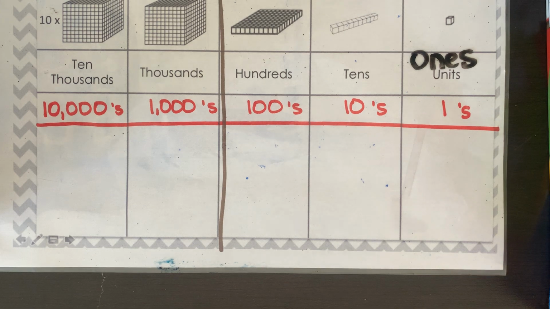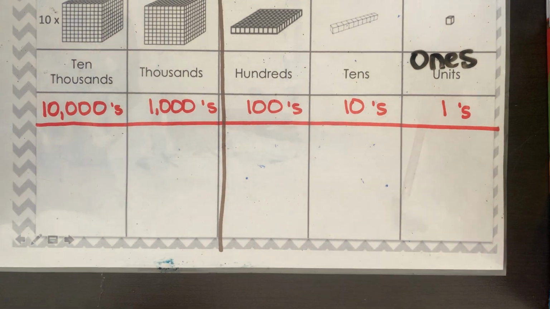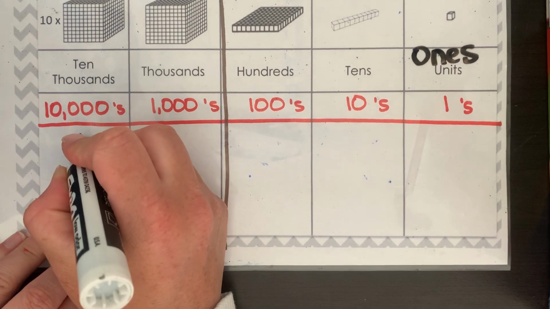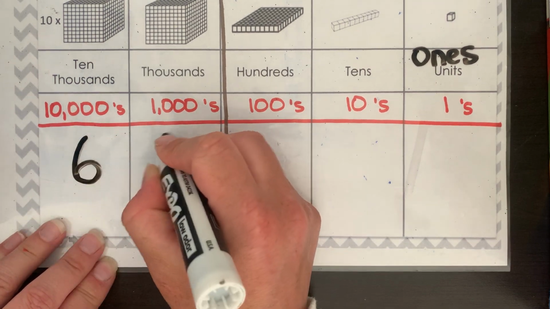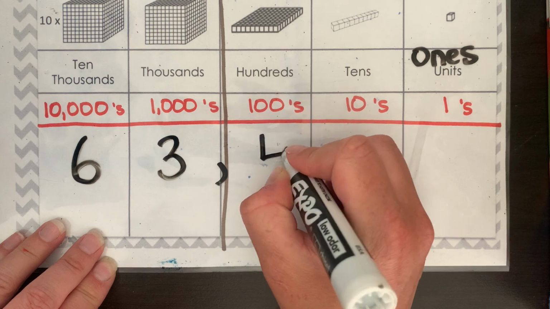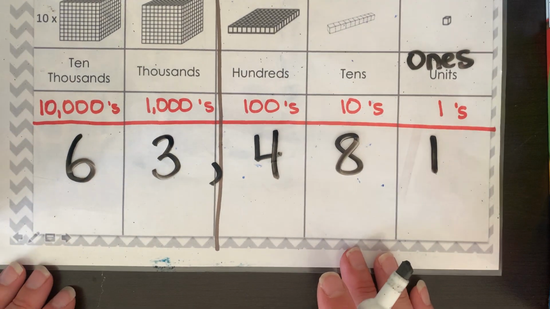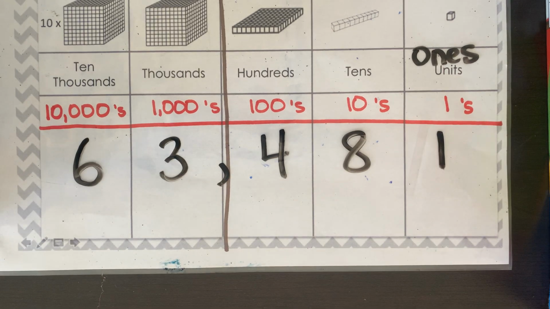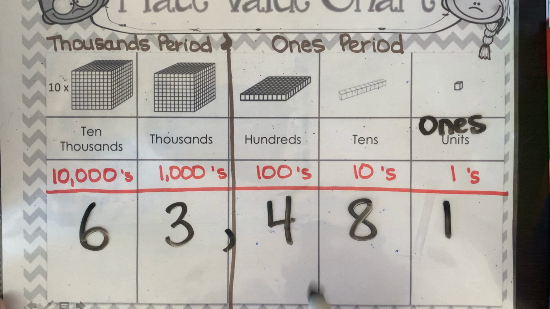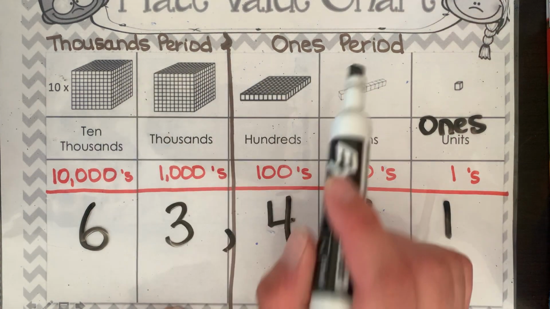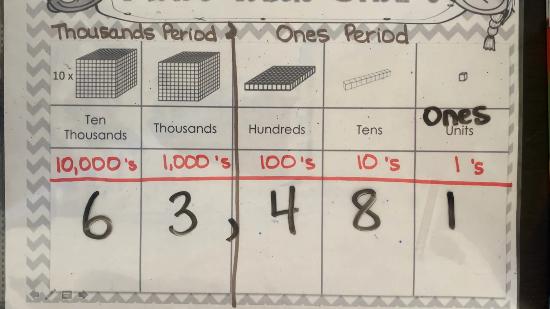So I'm going to show you first how we can read numbers to the 10,000s. Right now I'm going to put a number in standard form right here. Okay? When I want to read this number, I have to realize that my place values are always broken into something known as periods.